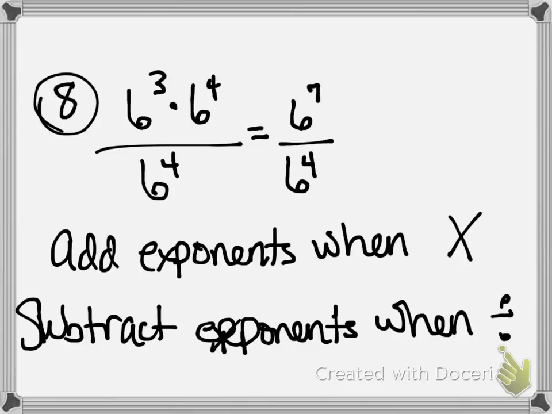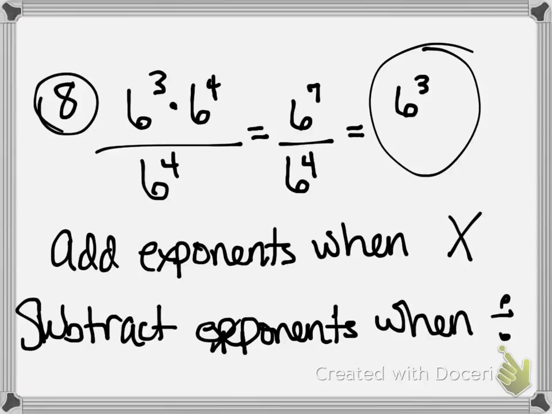So where's the biggest one? And that's on the top. So 7 minus 4 is 3. So we have 6 to the 3rd power. And that's how that simplifies.